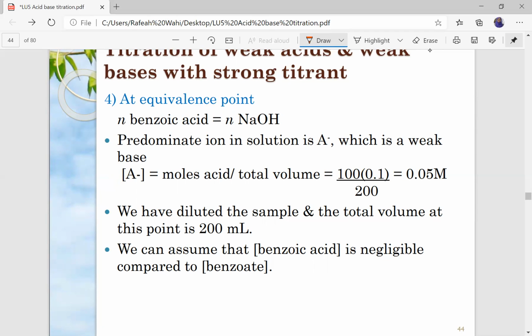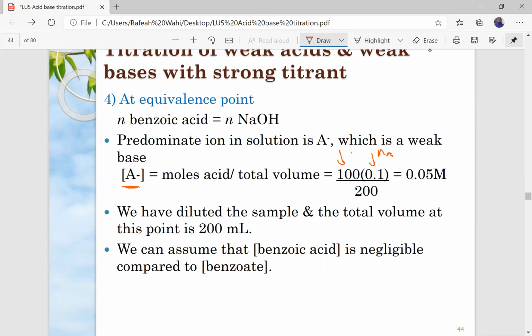So you know that at equivalence point, the concentration of benzoate is moles of acid divided by the total volume. So moles of acid is MaVa. So this is Ma, this is Va.